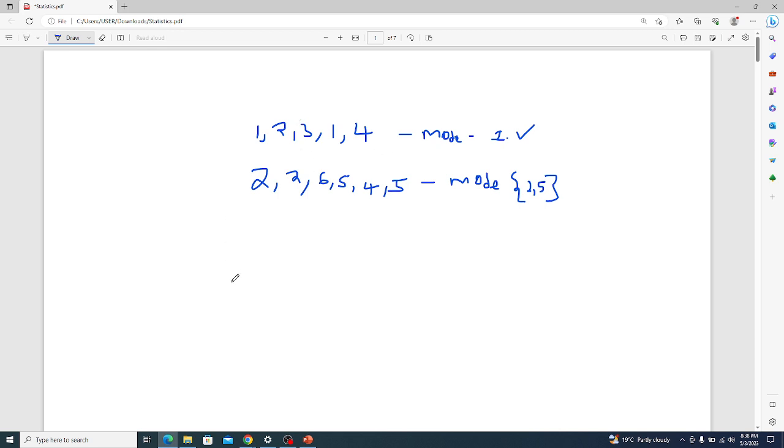Now, let's go to the definition of median. What is the definition of median? Median, we said, is the average. Oh, no, that was mean.